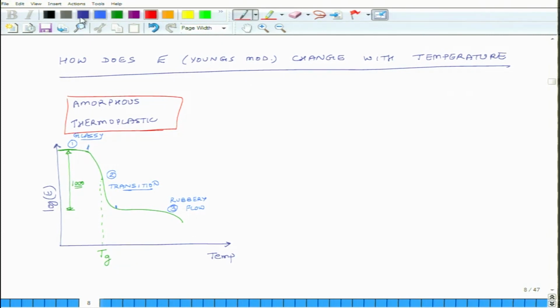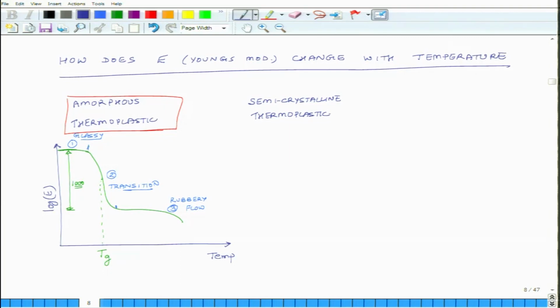Now, let us look at semicrystalline thermoplastic.